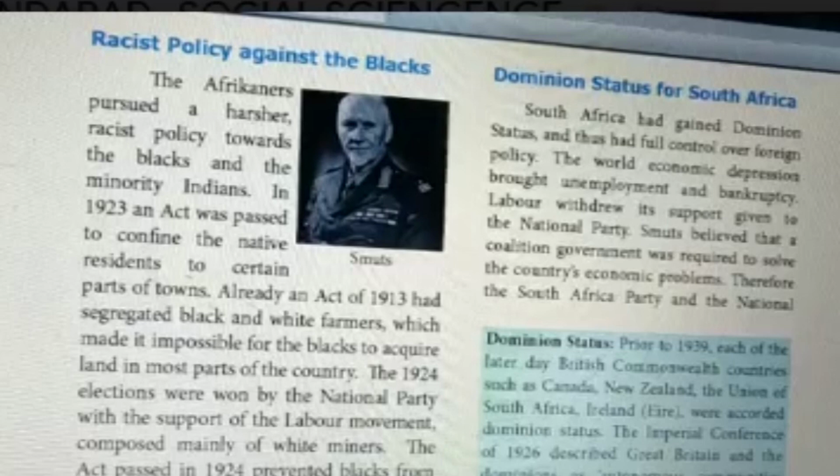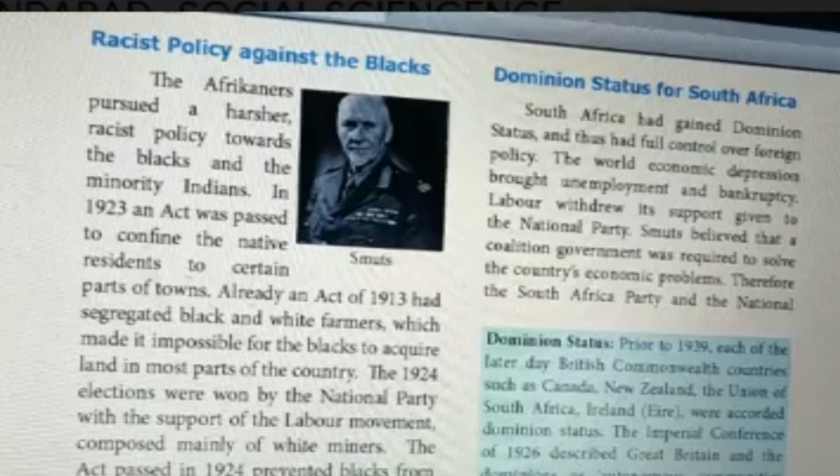And next, dominion status for South Africa. South Africa had gained dominion status, and it had full control over foreign policy during the time. The world economic depression brought unemployment, and the labor withdrew its support and gave it to the National Party.